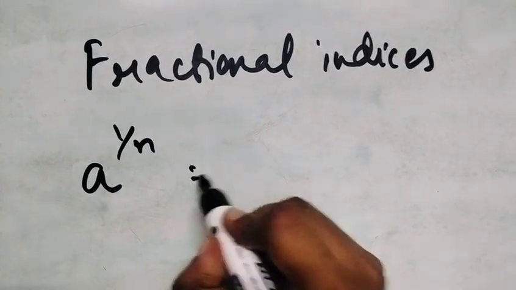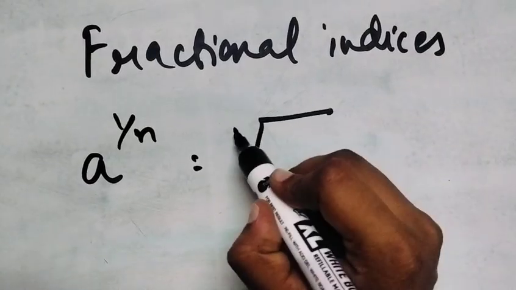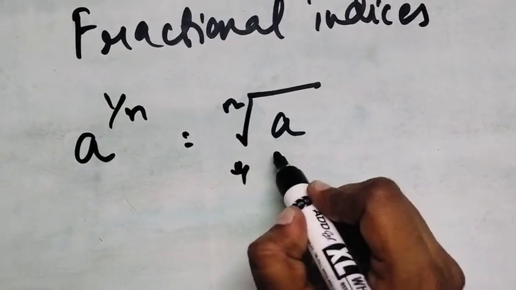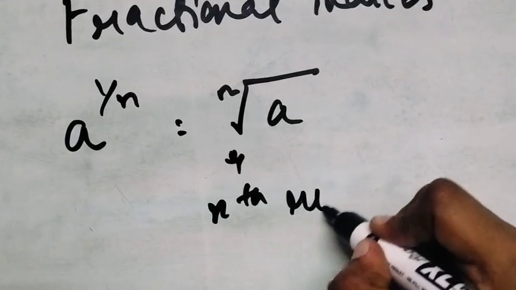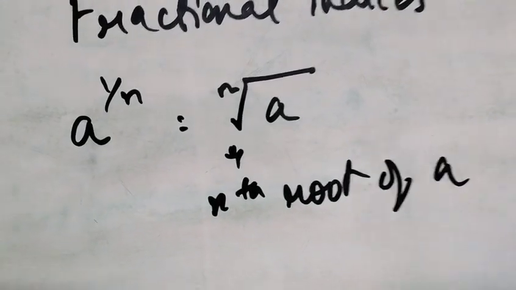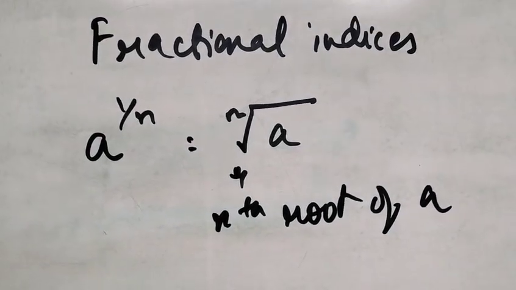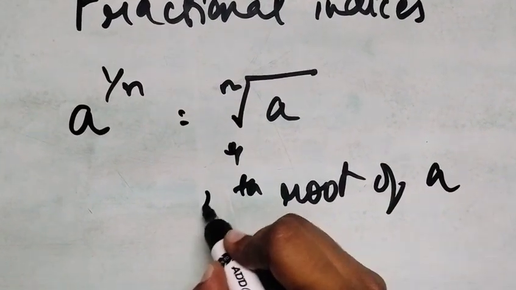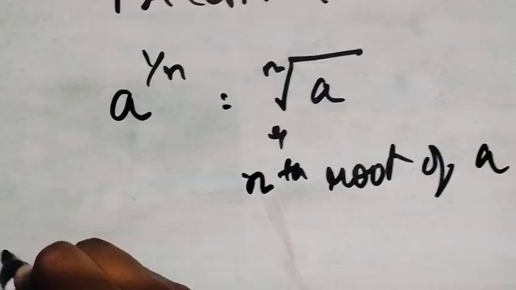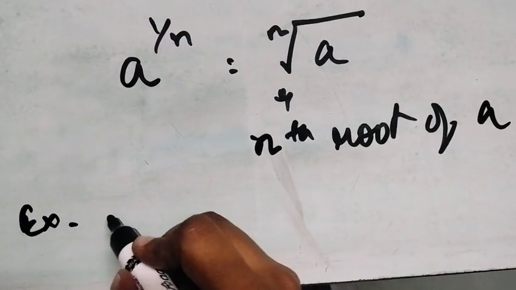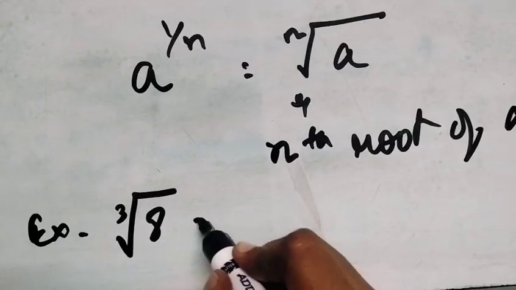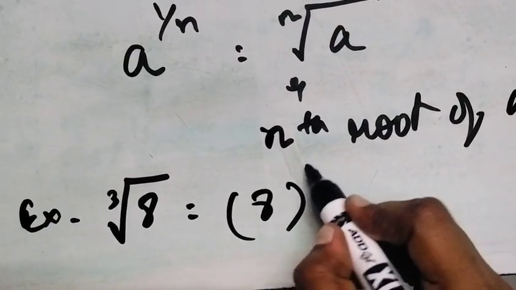This is the same as taking the nth root of a, where n and a both belong to the set of real numbers. For example, the cube root of 8 is the same as writing 8 to the power 1 by 3.